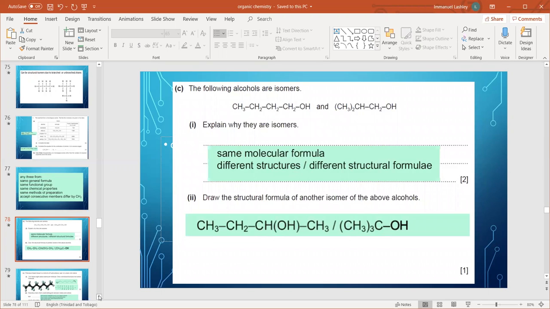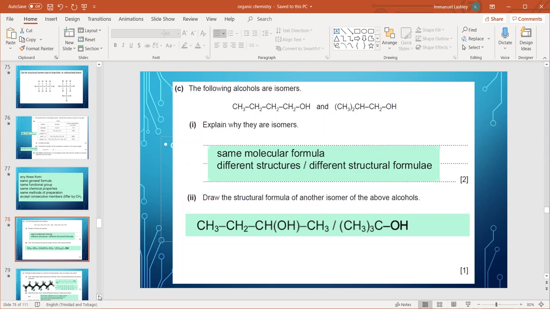The reason why they are isomers is because they have the same molecular formula, but different structural formula, different structural arrangement.